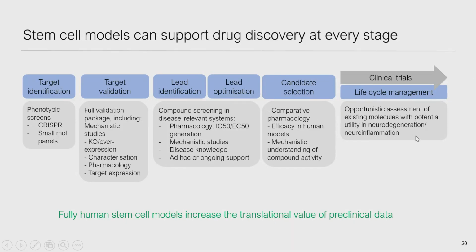Another point where I think we've run some really interesting projects is to look at life cycle management and opportunistic assessment of molecules that are maybe being developed for a different indication, maybe oncology or even respiratory, where we're interested in understanding whether or not they may have utility in neurodegeneration or neuroinflammation.